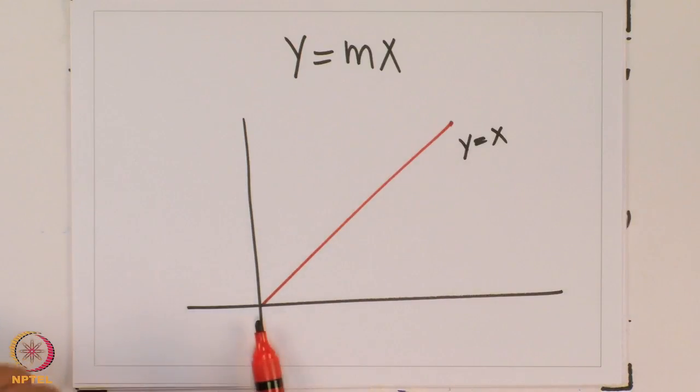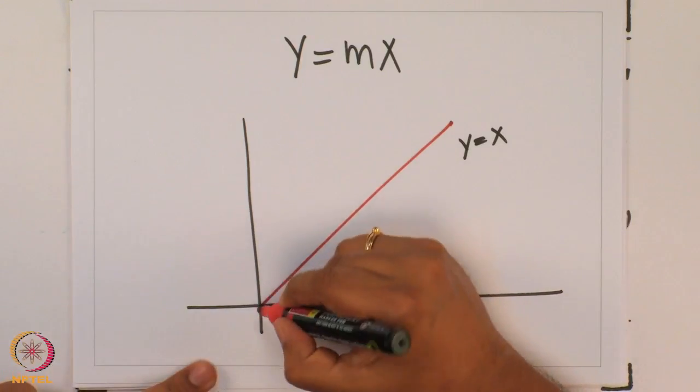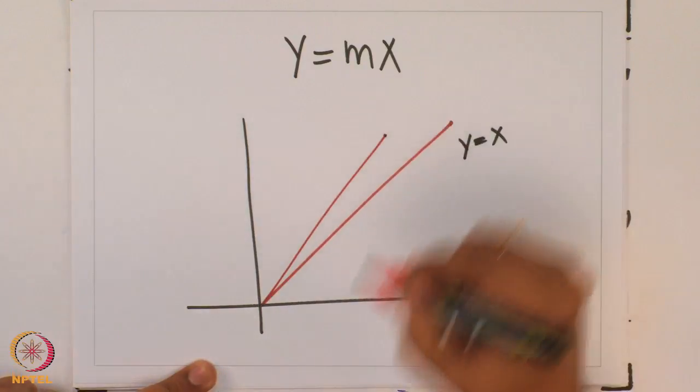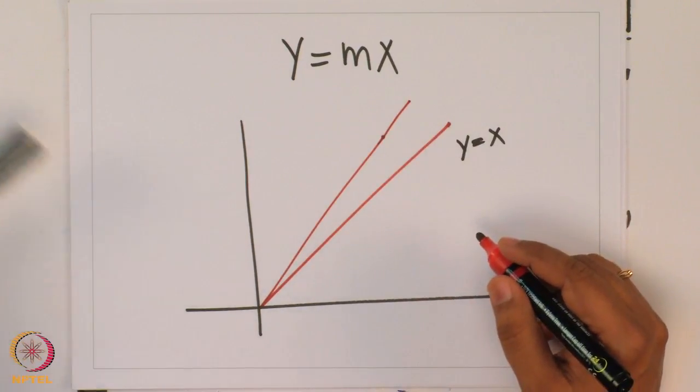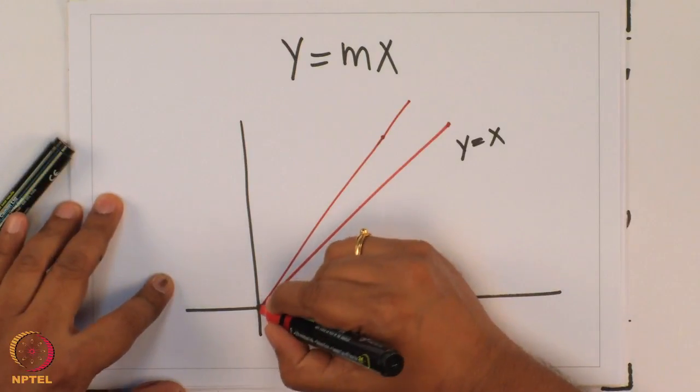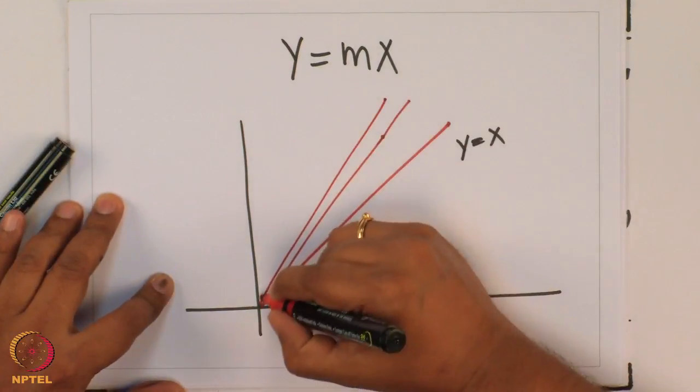If we had y is equal to 2x, it might look something like this. y is equal to 3x looks like this, 4x and so on.